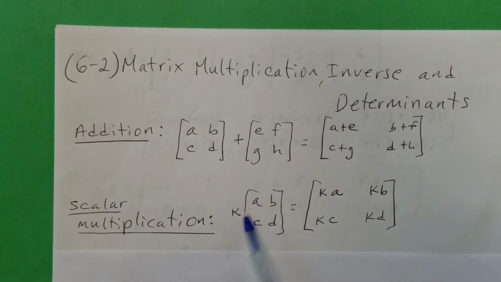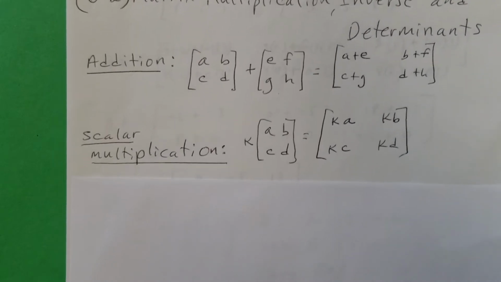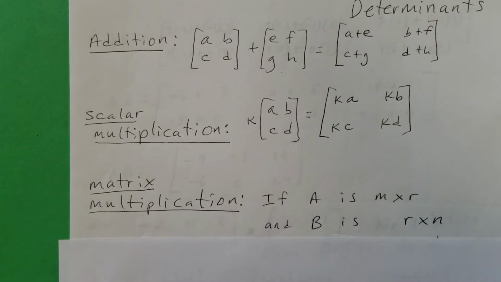Then it's just k times every single number in there. That's scalar multiplication, when you have one number on the outside. It's not a matrix, it's a number on the outside of the matrix. So what's more interesting, and we have to slow down, is matrix multiplication.